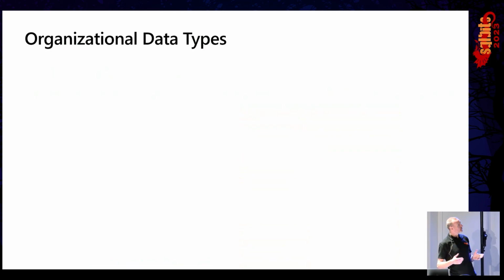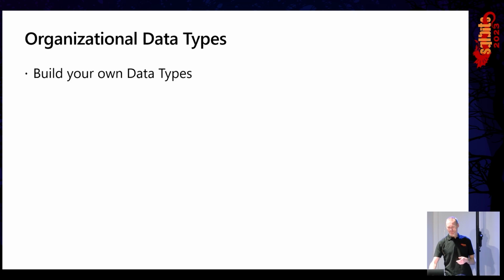Now comes the main topic of this session, and that is organizational data types. This is where we are interacting with Power BI, because this is about building your own data types. I will show an example in my first demo where I build a customer data type so I can get details about the customer.